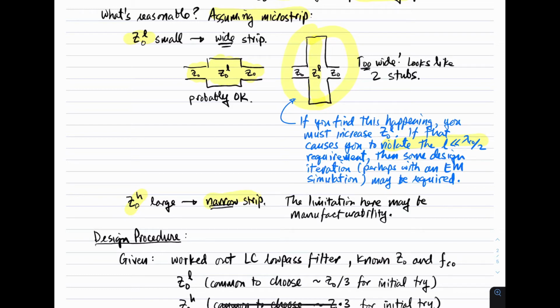Well, in principle, there's no limitation on how narrow you can make a strip, but if you're going to manufacture it, there may be a minimum width. If you make the width too small, it might be too hard to ensure continuous metallization, and you might get breaks, for example. So the limitation here will be something probably pertaining to manufacturability. It would be something you'd read off the spec that's provided by your PCB manufacturer.